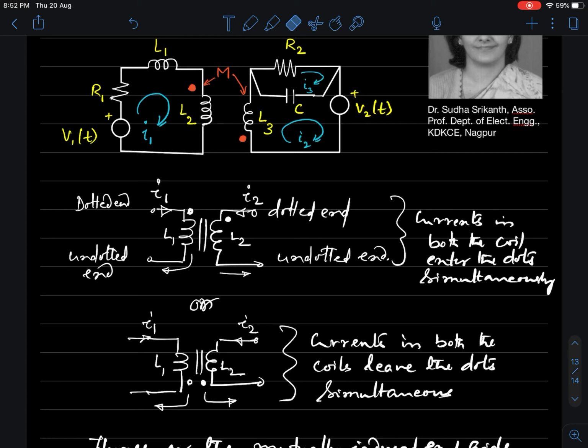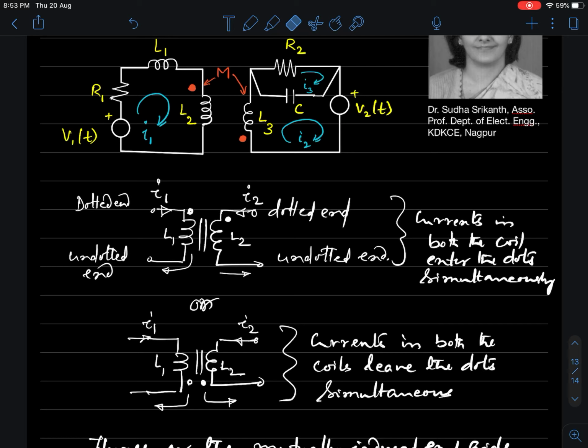I'll repeat, when the current enters the dot in any one coil, it produces a mutually induced EMF in the coupled coil which is positive at the dotted end of the coil. This has to be very clearly understood. This is what the dot convention is supposed to mean, and we need to apply this concept to the coupled circuit.